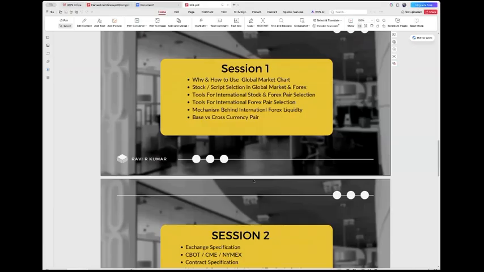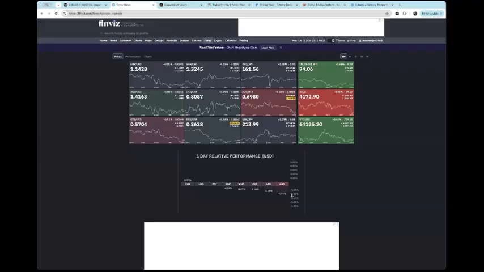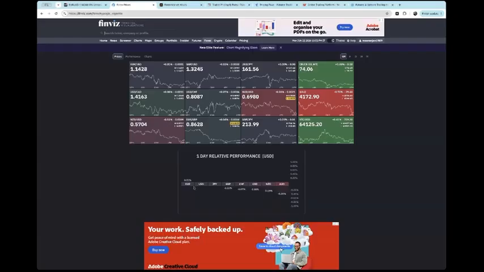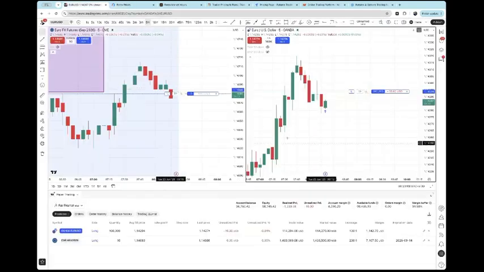Okay, so the mechanism behind forex liquidity: this is your chart, and this is your chart right now, Euro USD. You will see the market is not moving because the USD market is closed, the Euro market is closed. So movement will be very less right now, and due to this you won't be able to find a very good trade out of it.